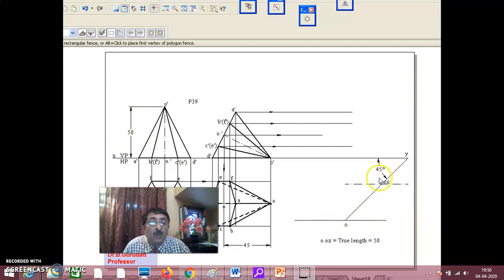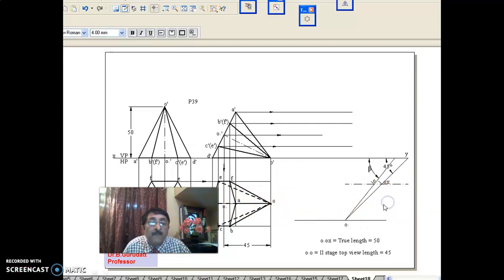Cut here. Once you cut here, you get the locus here. Then take 45 mm, the top view of the axis, and cut from O1. Once you cut O1 O equal to 45 mm, you will get beta.